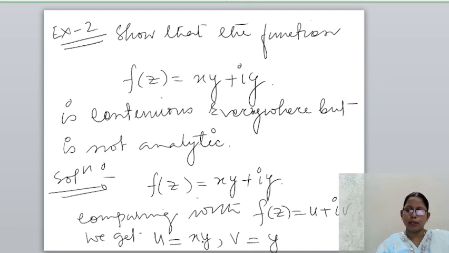Here u is a function of x and y and v is a function of y. That means u and v are polynomial functions, and a polynomial function is continuous, so it is continuous everywhere. u and v are continuous everywhere, and correspondingly this function f(z) is continuous.